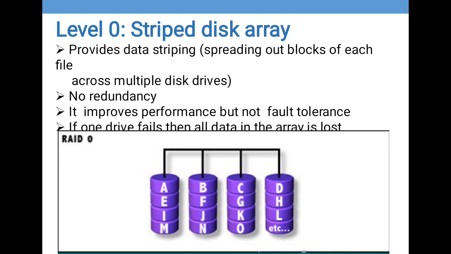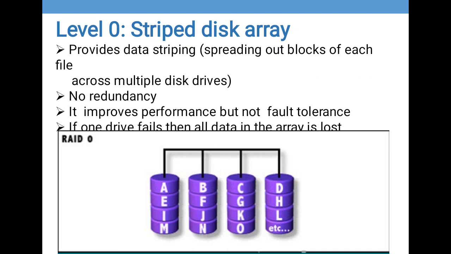In that, the first level name is striped disk array. It provides data striping, that is spreading out blocks of each file across multiple disk drives. As shown in the diagram, the data is scattered across one disk after another.